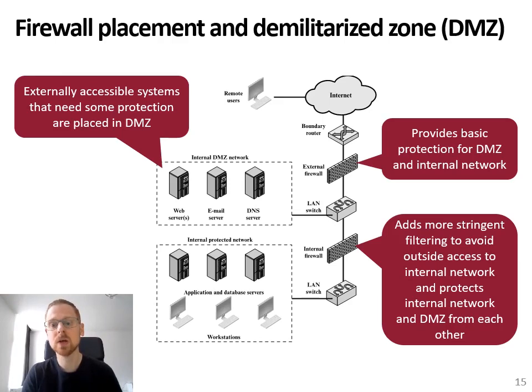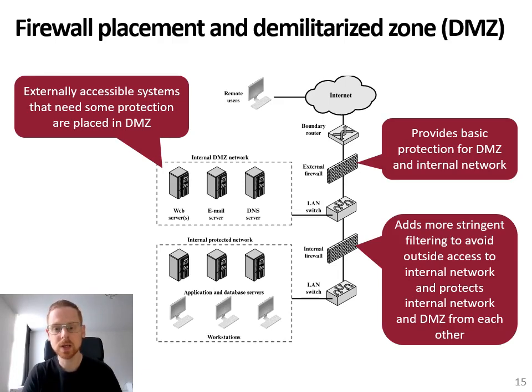At this stage, no in-depth protection can be provided, as some traffic still needs to be allowed to pass through for external users to be able to, for example, view the web page, or for employees to check their email from home. The second, internal firewall, adds more stringent filtering to limit the outside access to the internal network.